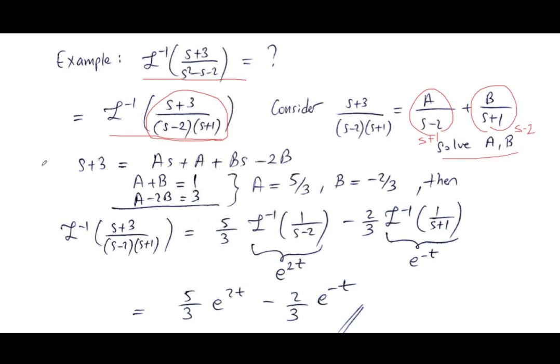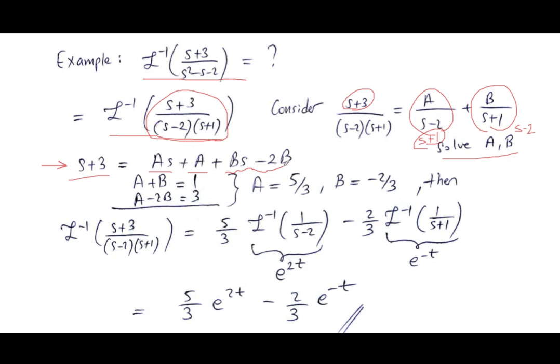This is somewhat simple linear algebra. You have the left-hand side numerator, s plus 3, and in the numerator on the right-hand side, we have a times s plus a, because we are multiplying with this factor, and then we have b times s minus 2 times b from these equations.